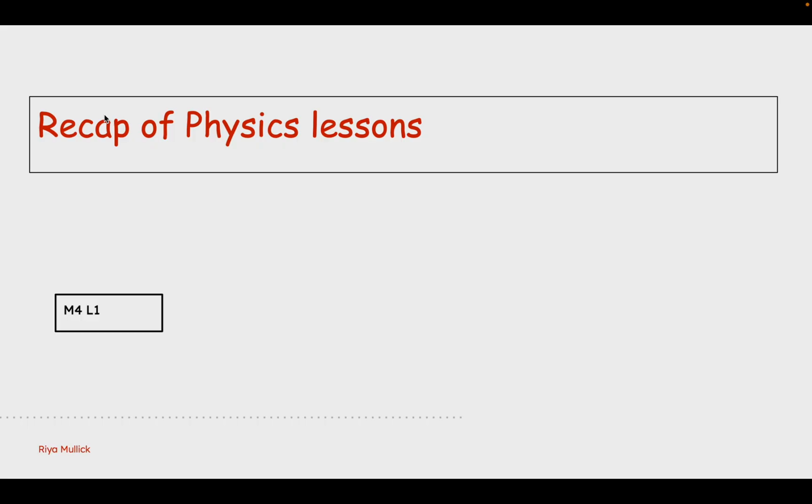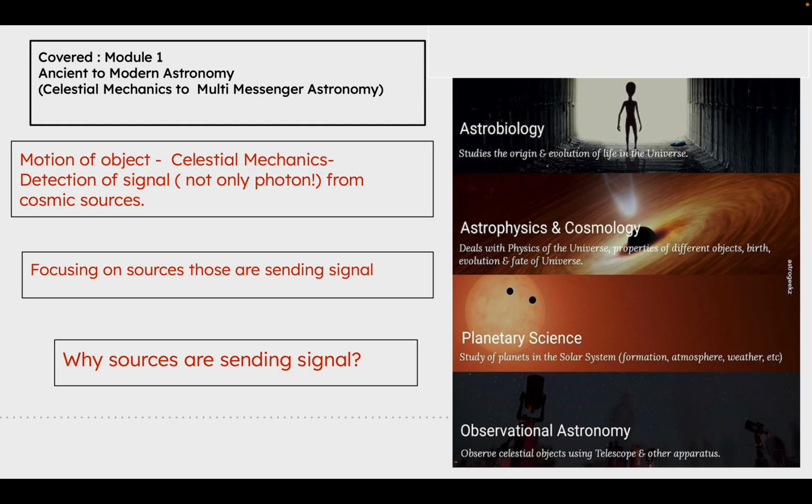So today the lecture will be a recap of the physics lessons. Until now we have covered one module, where I covered ancient to modern astronomy, the evolution of astronomy. In ancient times astronomy was mainly about celestial mechanics, and in modern days astronomy is mainly multi-messenger astronomy.